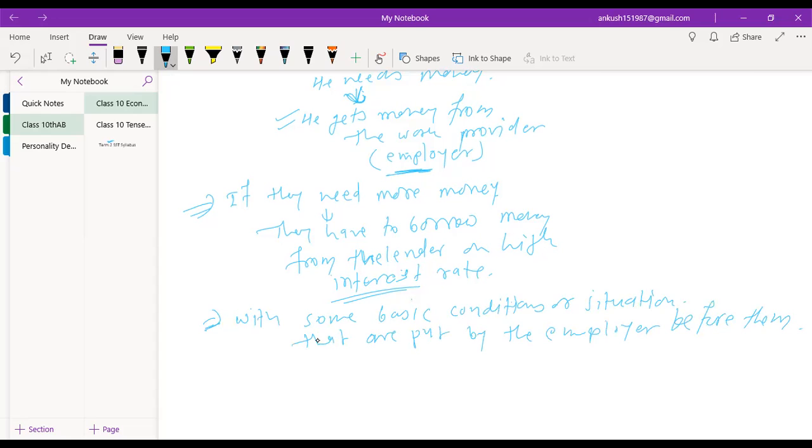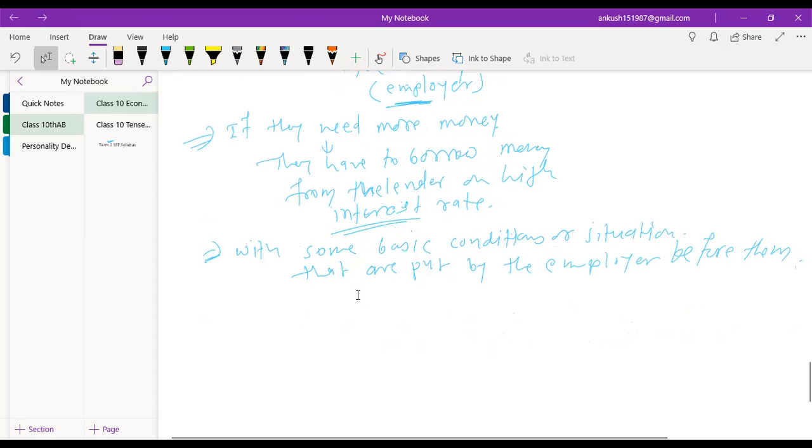Take this very important point: as we are talking about the situation in the village where the person is not getting employment, he is a landless person and he actually needs more money, then he would have to compromise with the moneylender.